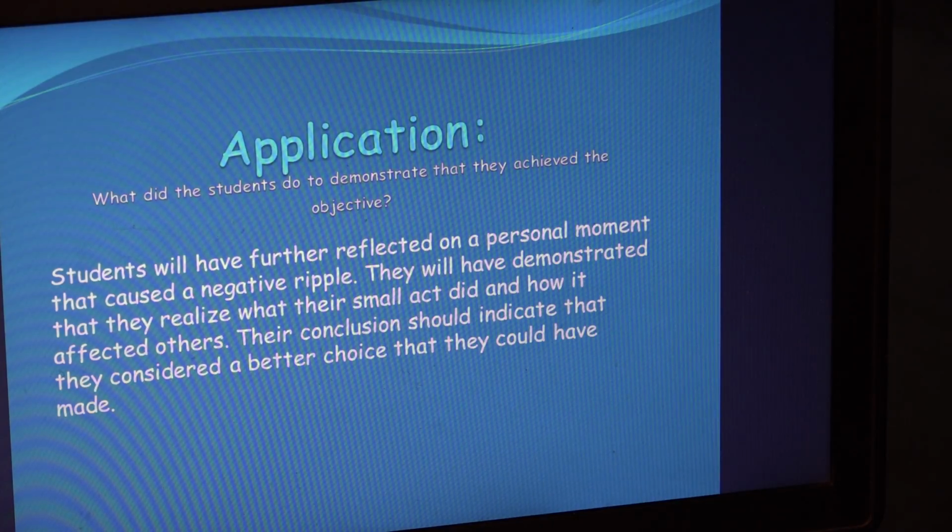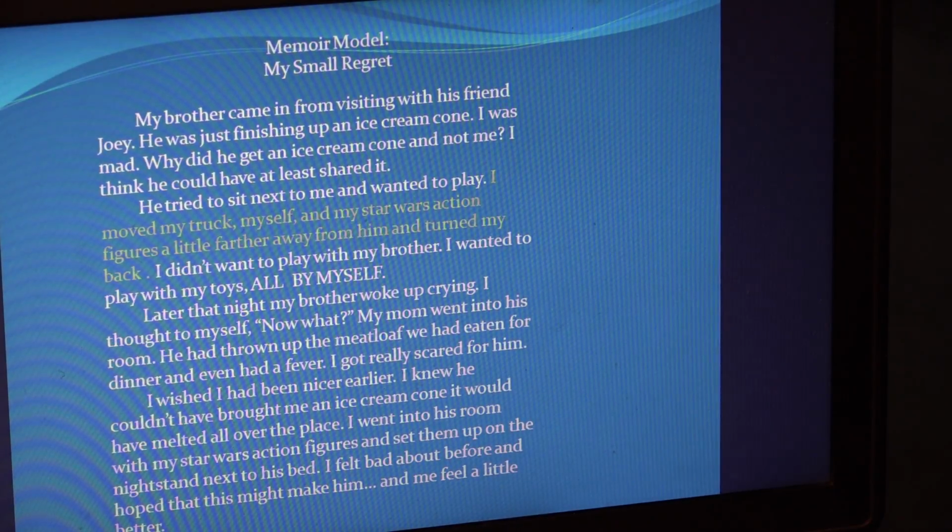For application, since we're focusing on a negative ripple as our seed idea, students will also be considering alternative positive choices. The model was inspired by a droplet from this passage that reads, "The only empty seat was next to me.